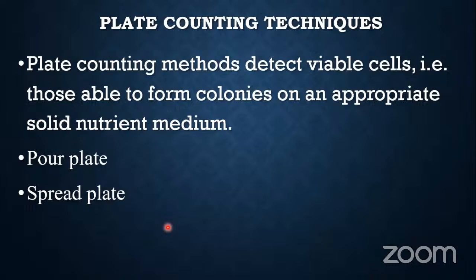For the pour plate method, this method is good for bacterial cells, and it is not usually suitable for some bacteria that are obligate aerobes, but it is suitable for most bacterial cells.